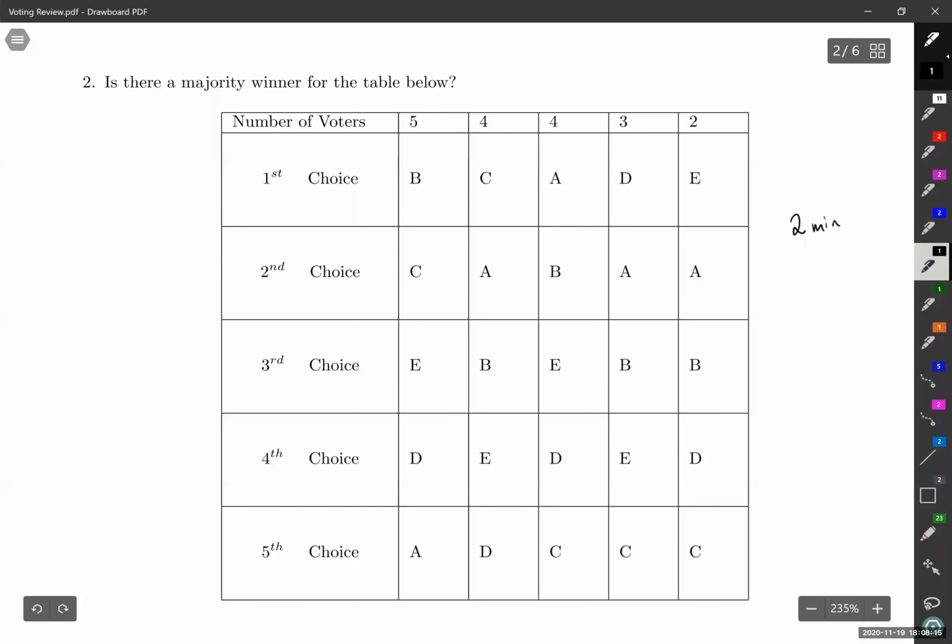And if you have ideas, do send them in the chat. Correct, Caitlin, well done.